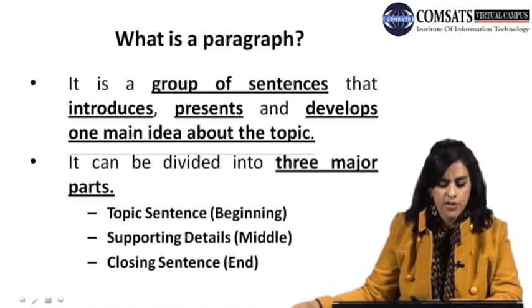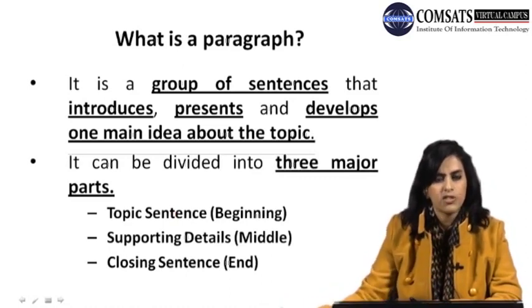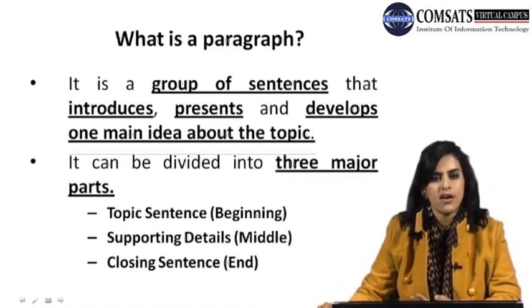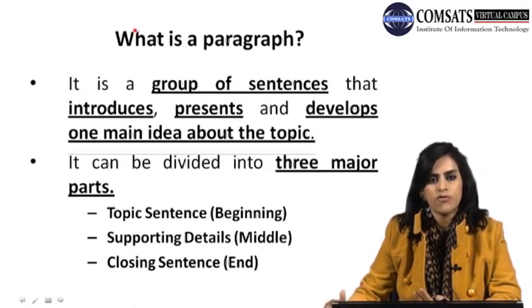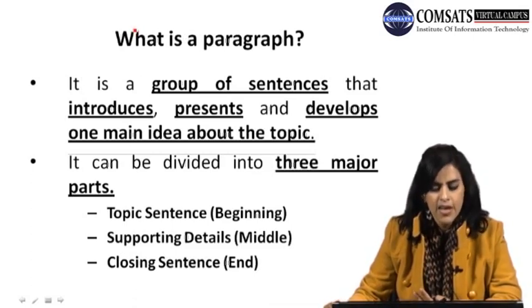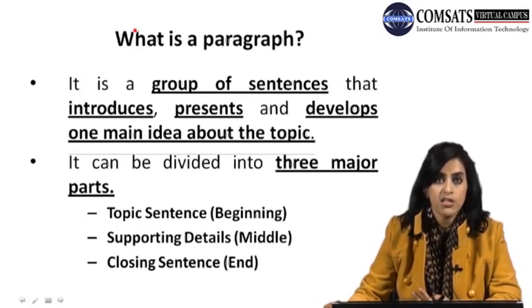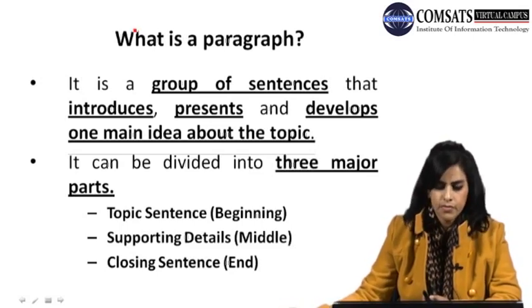The topic sentence is the beginning, which introduces or announces the topic in front of the reader. You have supporting details in the middle, maybe 3 or 4 sentences. Then you have the closing sentence, which demonstrates the ending of your paragraph.